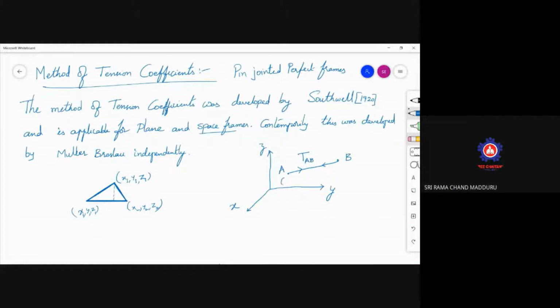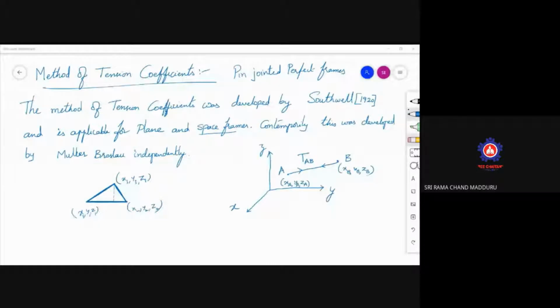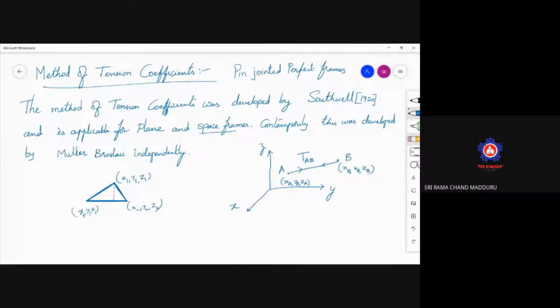And these coordinates are XA, YA, ZA, XB, YB, ZB. Now this LAB is nothing but the length of the member.